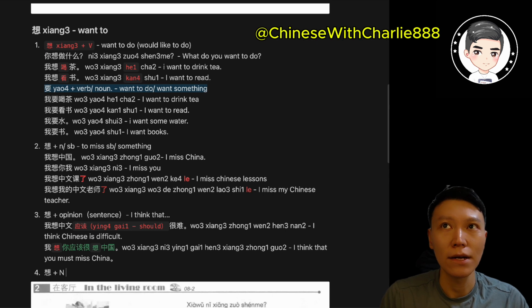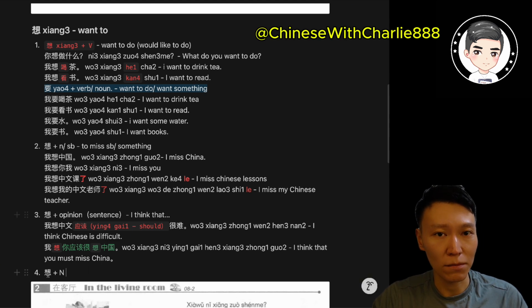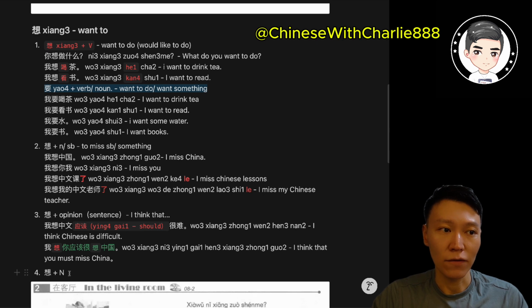Then it's more context specific, because here you might get confused between the second meaning, miss somebody, and the fourth meaning, think about something. Because after both 想 here, we use a noun. But of course, when 想 is in the fourth situation, meaning think about, this noun tends to be a question, right?